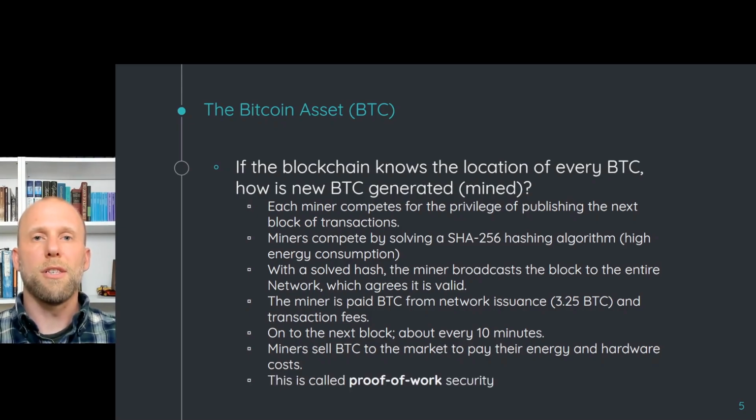The whole process that these miners go through is called proof of work security. There are two main kinds of security when it comes to decentralized blockchain networks: proof of work and proof of stake. Proof of work is the process where you basically have skin in the game, because you have used your own money to purchase lots of equipment, and then you have to pay high energy costs in order to get Bitcoin.